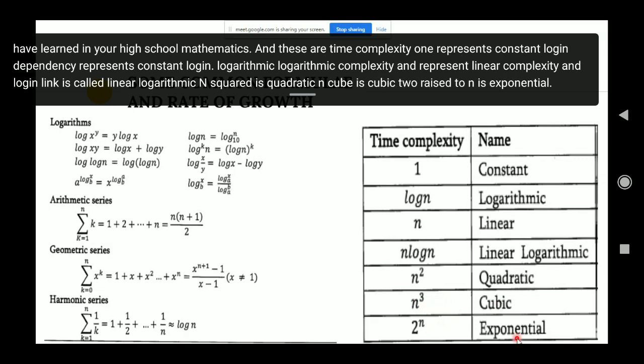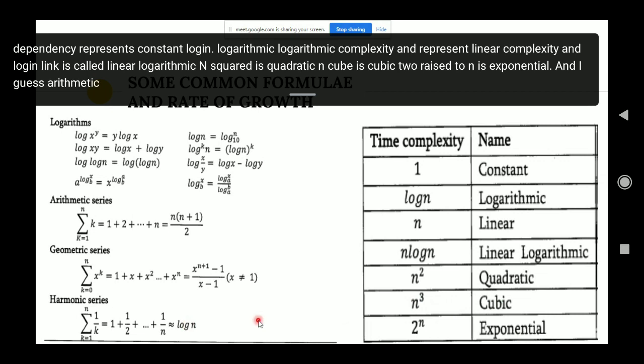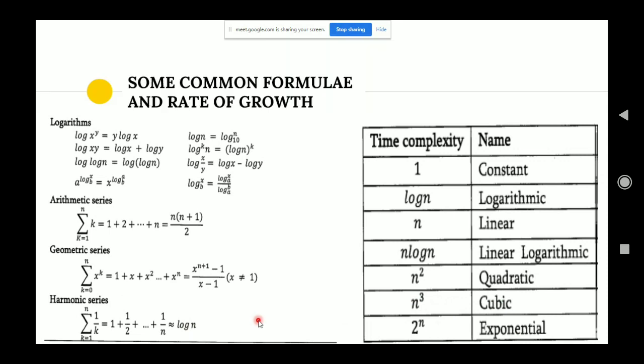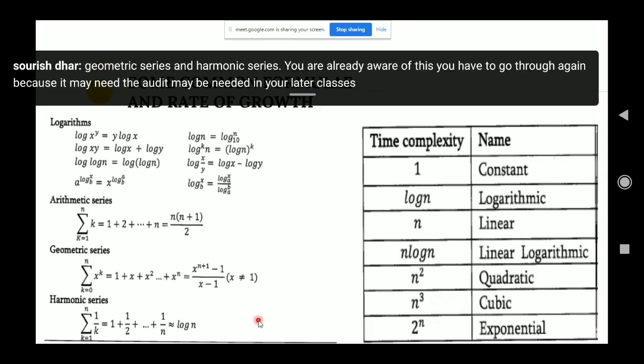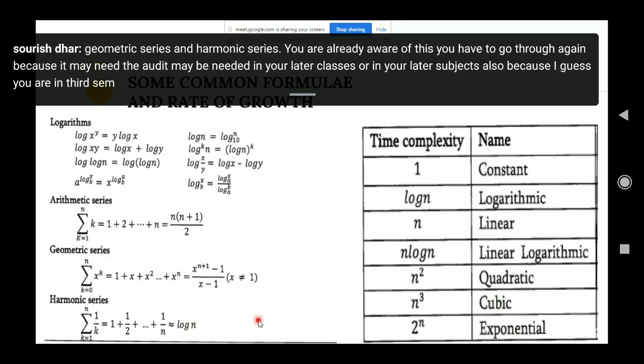And I guess arithmetic series, geometric series, and harmonics may be needed in your later classes or subjects also, because I guess you are in 3rd sem. In the 4th sem itself, you will come across all this in greater detail. Is it clear? Yes, sir.